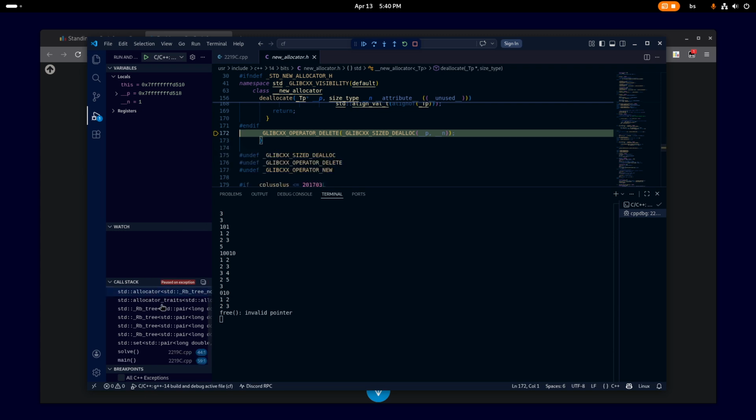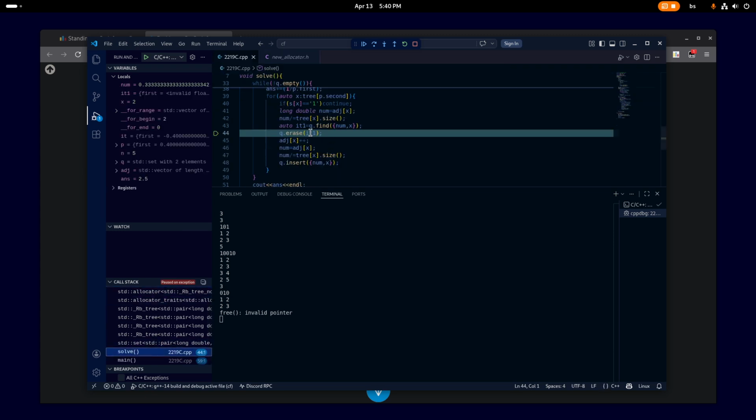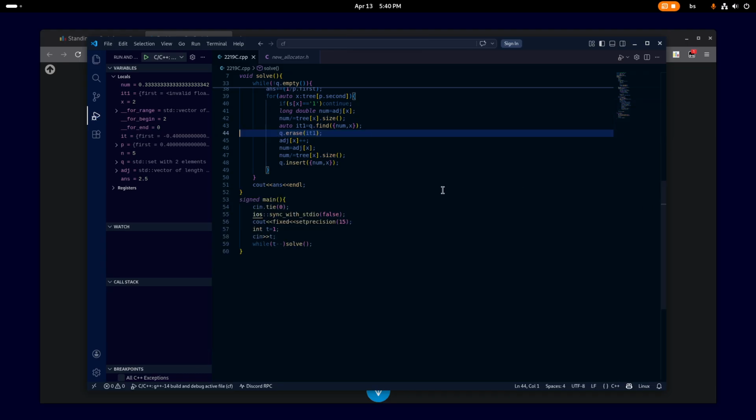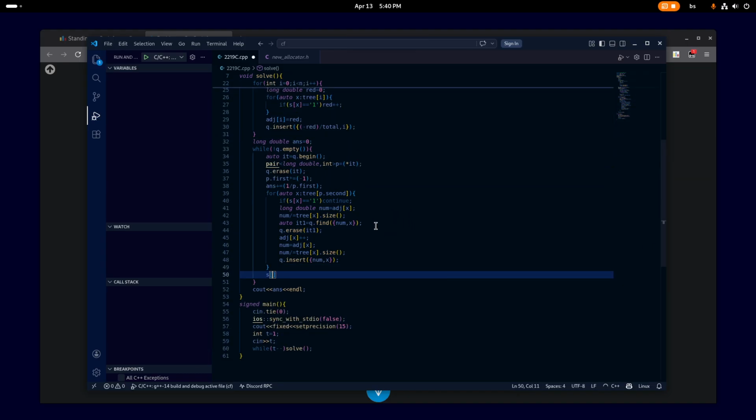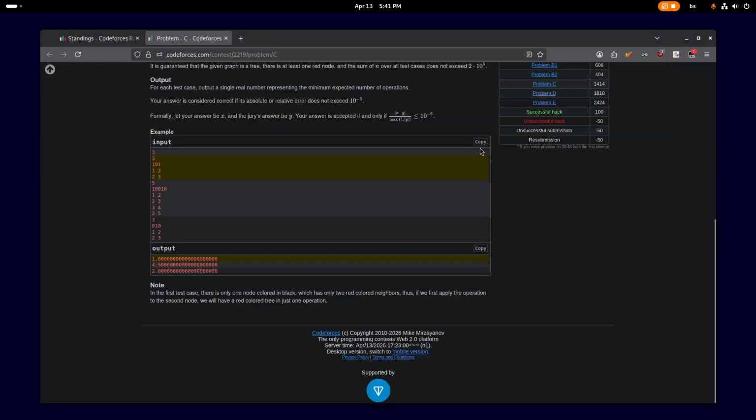New allocator. Oh, okay. Yeah, this probably doesn't exist. Ah, okay, I understand now. I just need to put s of p dot second is equal to 1 here, and that should solve the problem.